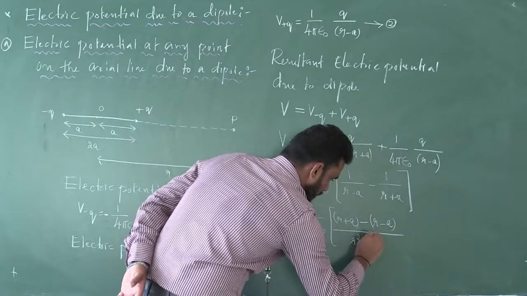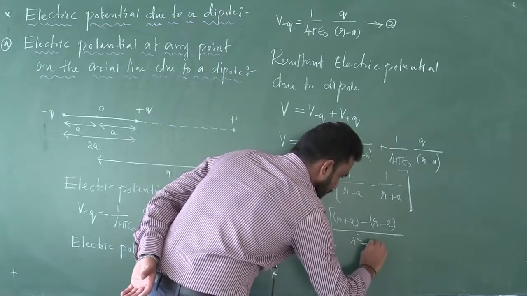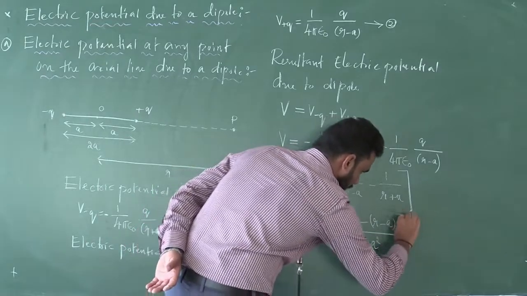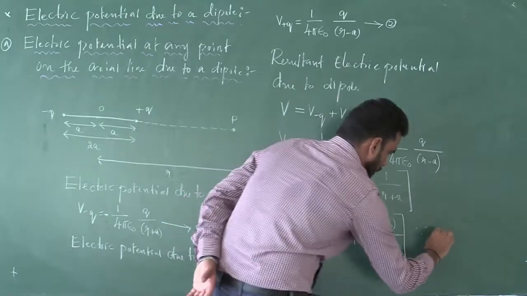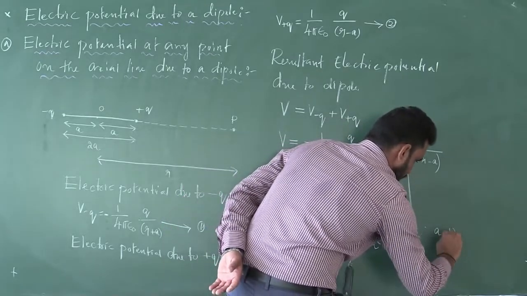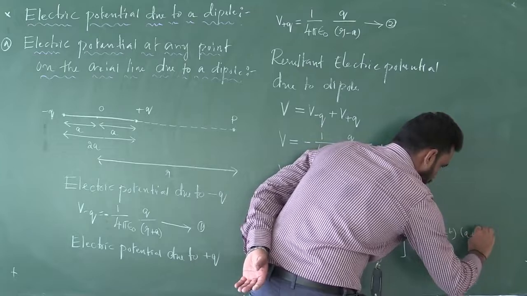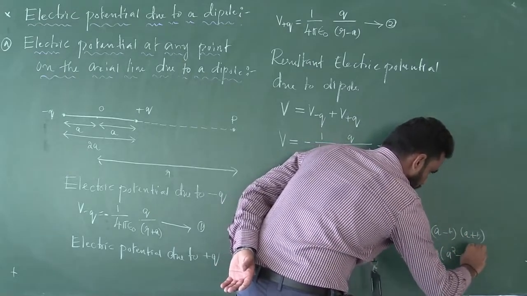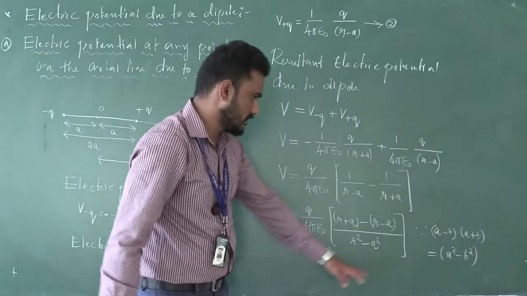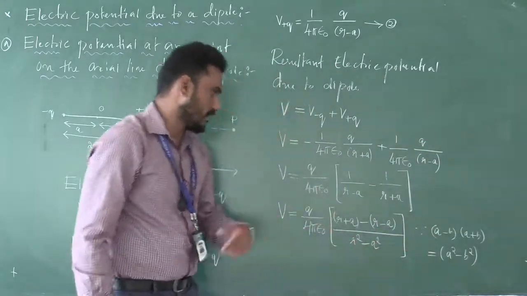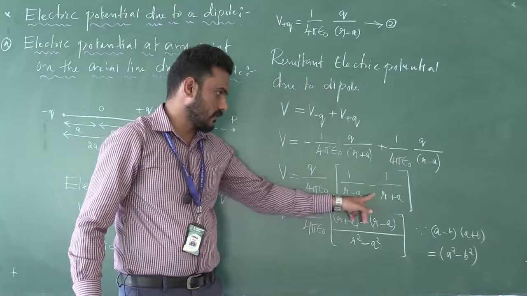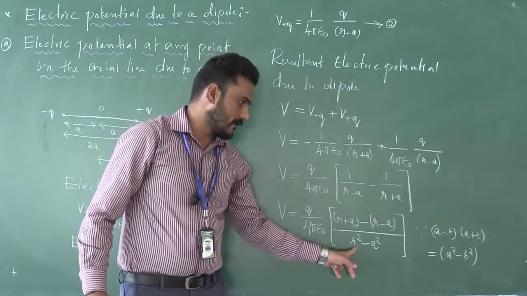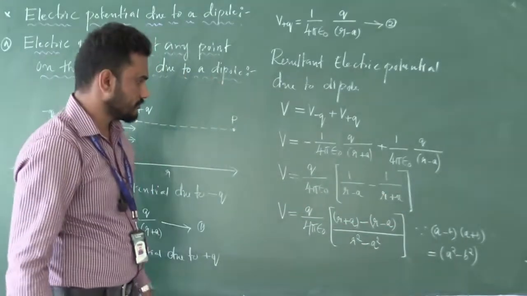This can be written as r square minus a square, using the relation a minus b into a plus b is equal to a square minus b square.